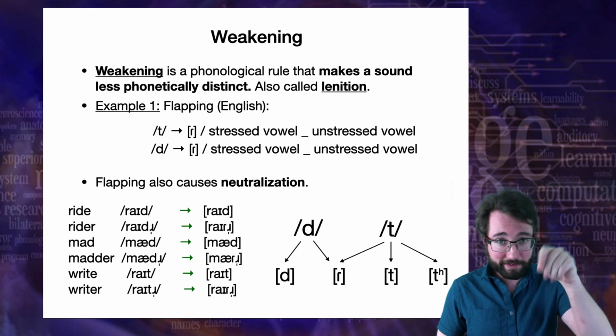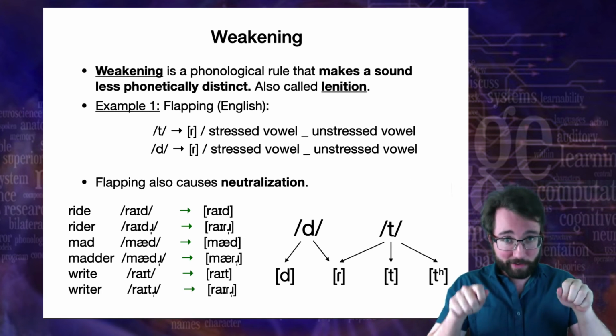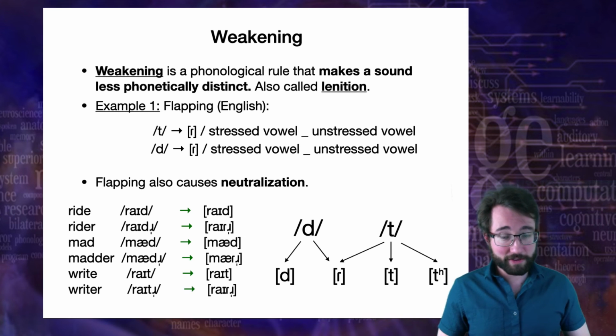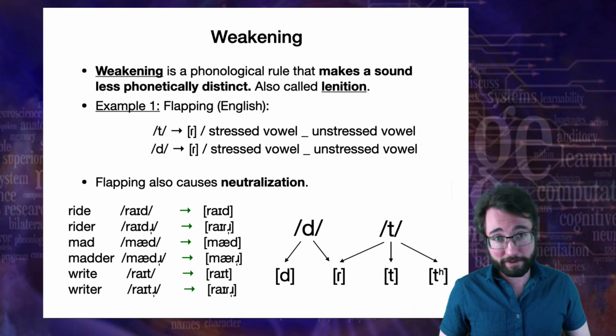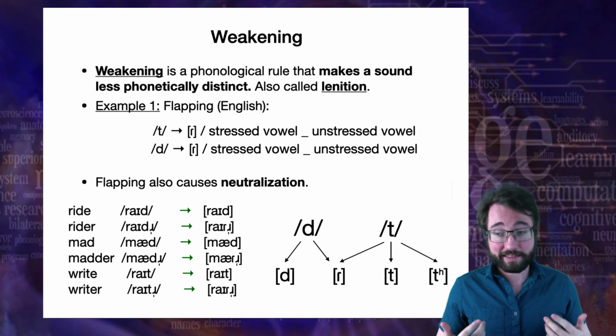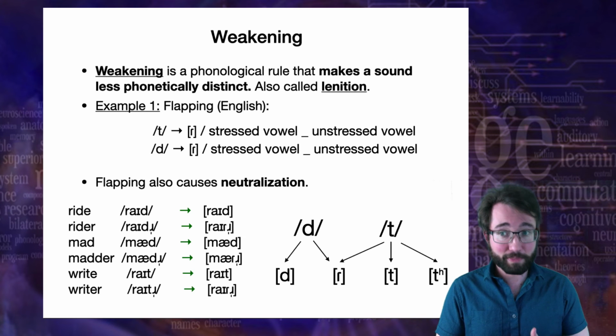So writer, like writing with a pen, sounds the same as rider, like riding a horse. Writer and rider. This is an example of neutralization. Although the underlying phonemes are different, these are distinct words, still the phonetic sound that you get for these two words is the same because of the weakening process that happened here, because of the phonological rule.